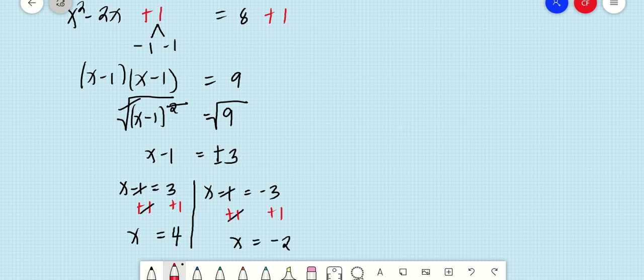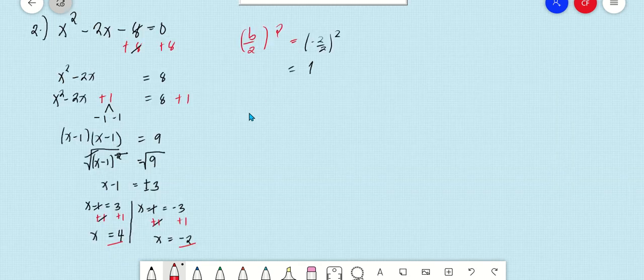So, bali yung solution natin is positive 4 and negative 2. Okay? Ayan po yung sagot sa example number 2. Again, ito po yung step-by-step solution sa example number 2. Right? Okay. So, next example.